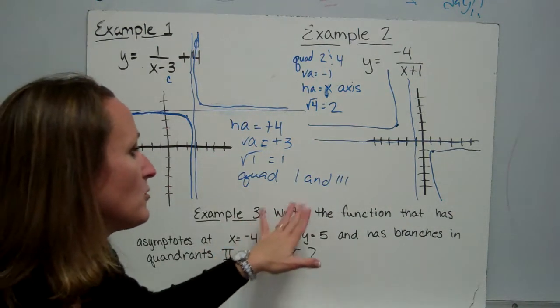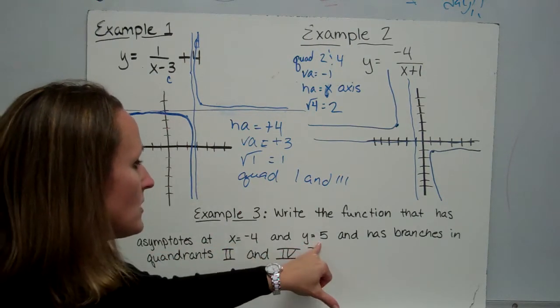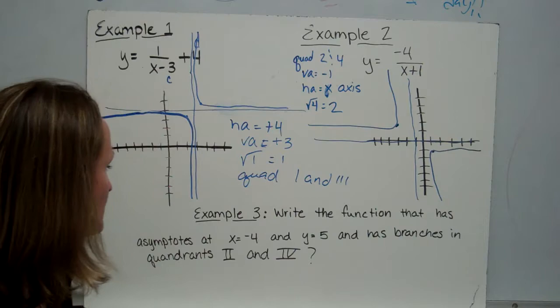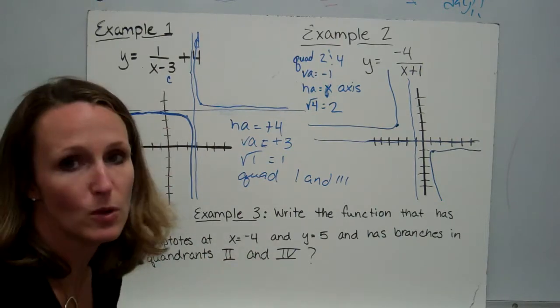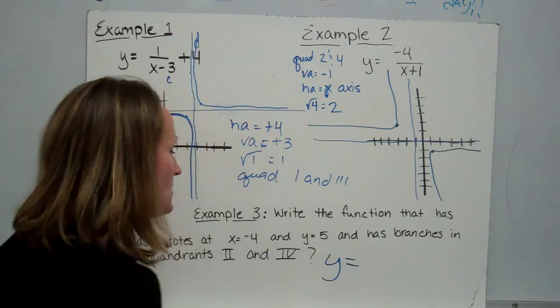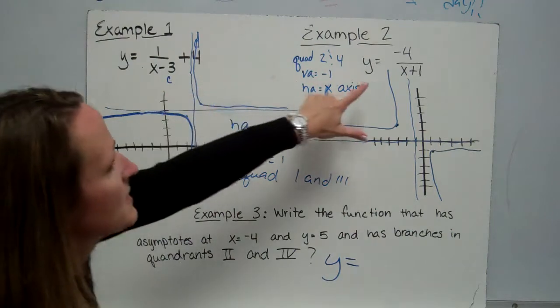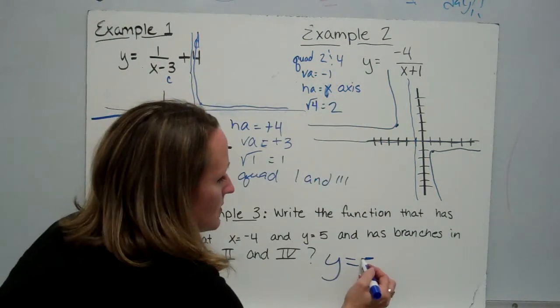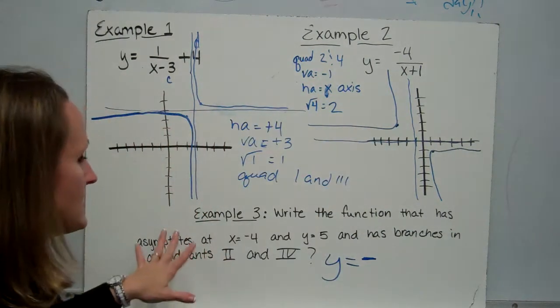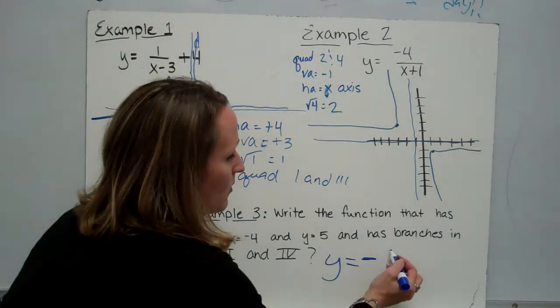So now, what if I want to write an inverse variation function that has asymptotes at -4 and 5, but has branches in quadrants 2 and 4? Okay, so we know we need y equals, and branches in quadrants 2 and 4 means negative. It doesn't tell me it has corner points that are backed up, so that means it's going to have a 1.